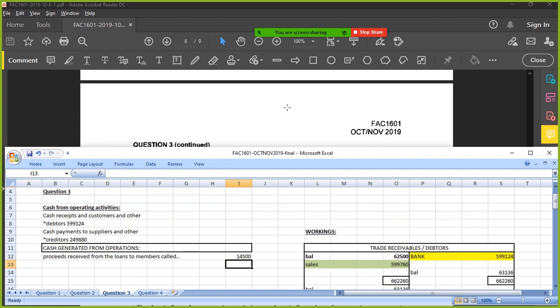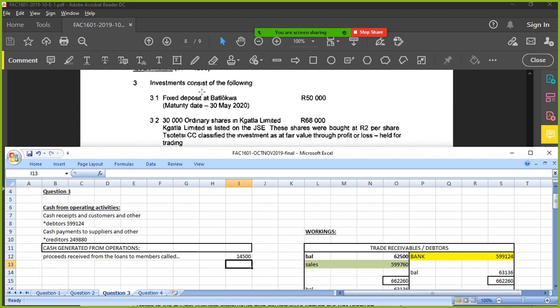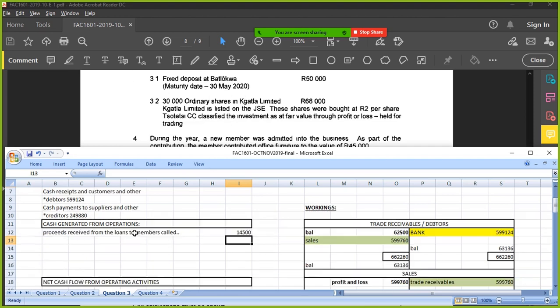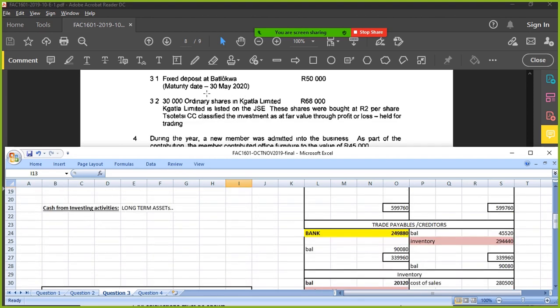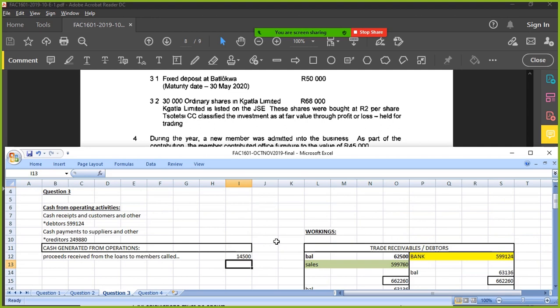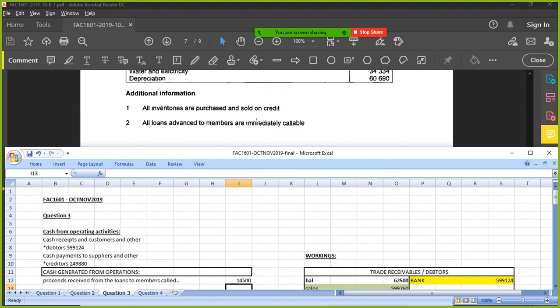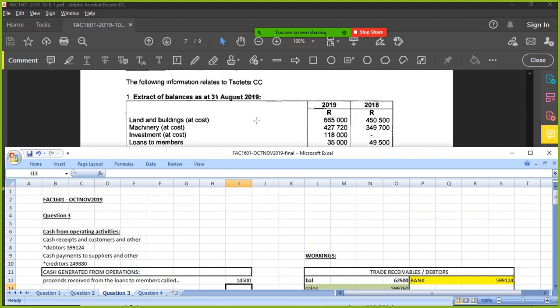Okay, point number 3. Investments consist of the following. So you've got 2 investments. This is investing, unless they tell you otherwise. The maturity date is May 2020. Where are we? August 2019.